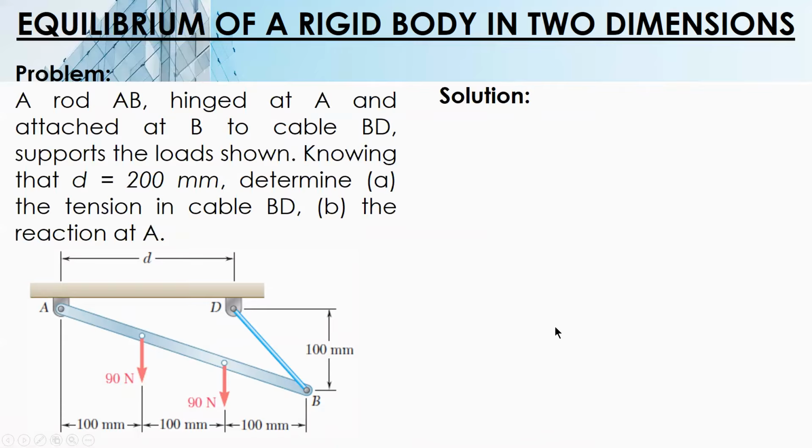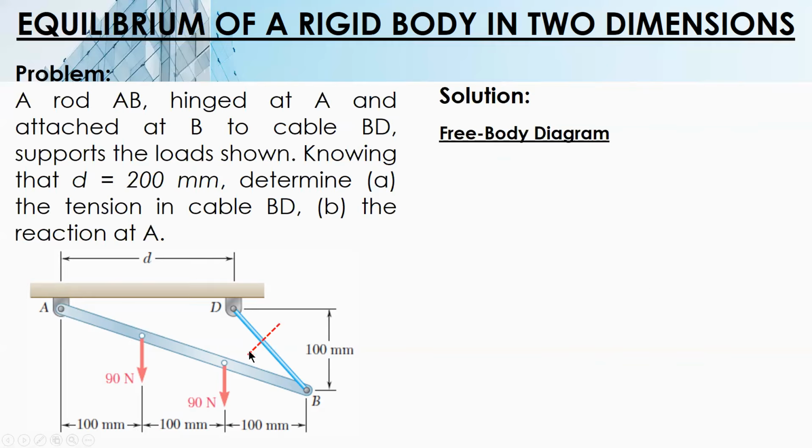Another one. A rod AB hinged at A and attached at B to cable BD supports the load shown. Knowing that d is equal to 200 millimeters, determine the tension in cable BD and the reaction at A. So, let's draw the free body diagram.